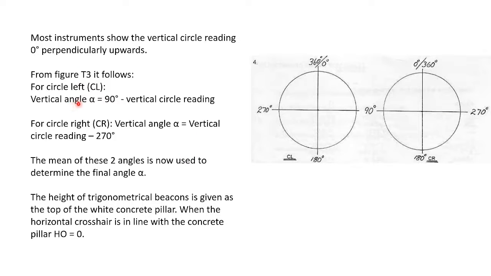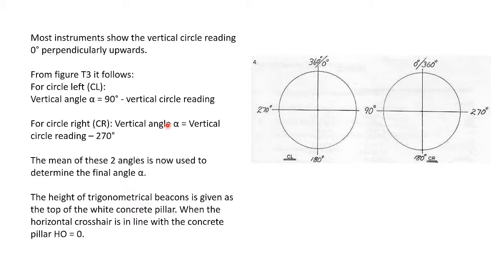So for circle left, you have 90 degrees minus the vertical reading, and circle right is your vertical reading minus 270. You'll see these two values will be almost exactly the same or very similar. If they are very similar, you did your readings right. If they're exactly the same, then you read it perfectly.